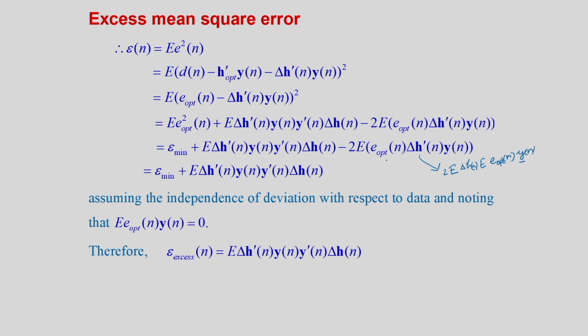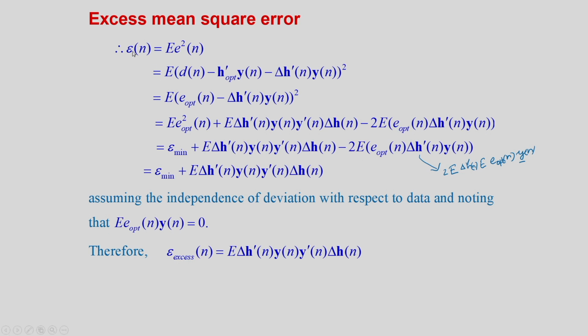We can write like this because of the independence assumption: this is the deviation, and this deviation is independent of data. Therefore, we separate out the expectations. Now, this part, error, is orthogonal to data. Now, this expression will become 0.